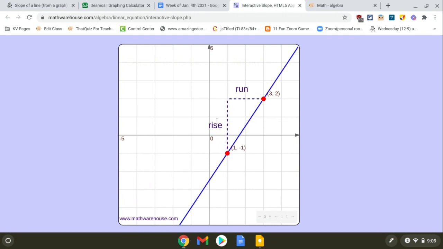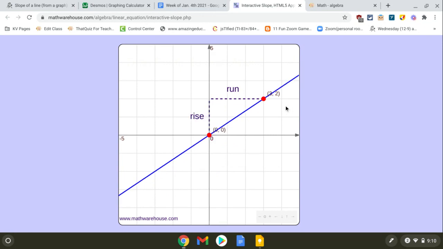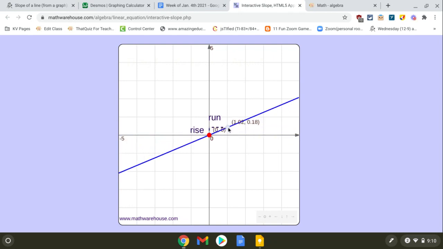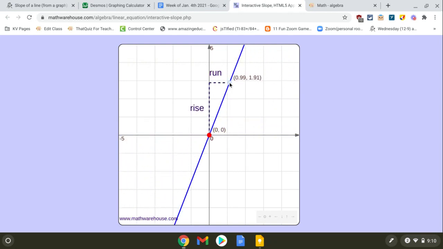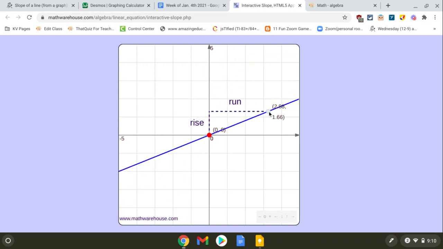Like the x-axis here, how much it goes over, might represent time, and the rise, the y-axis, might represent growth, whether it's money or population. So let's say each of these little tick marks is 1 year. If something is growing really fast, they would say that it has a high rate of change. Or if it was less slopey, they would say it has a slow rate of change.